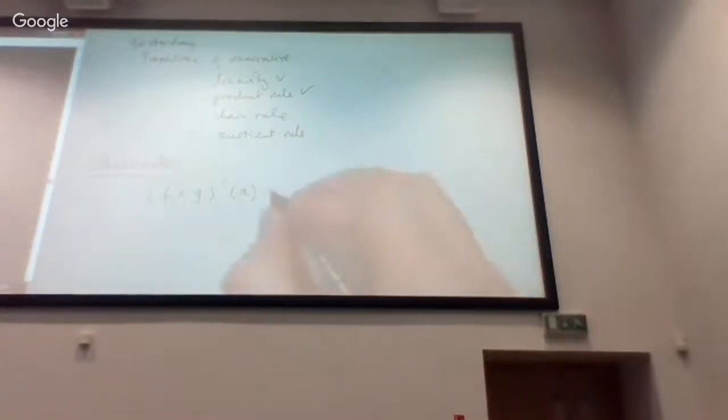So the chain rule basically says that if we have a composition of functions which we want to differentiate, well, we might try applying the limit definition of the derivative, and that would be f after g applied to x minus f after g applied to a, and that's all over the difference x minus a.